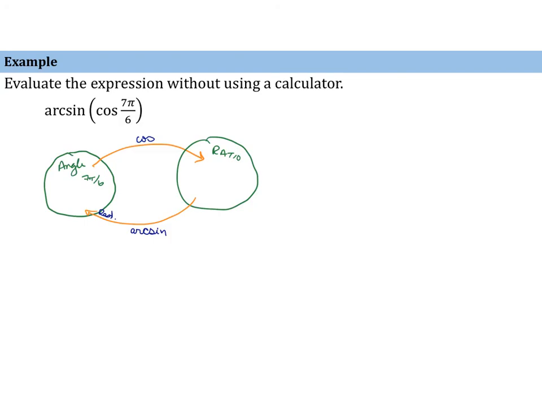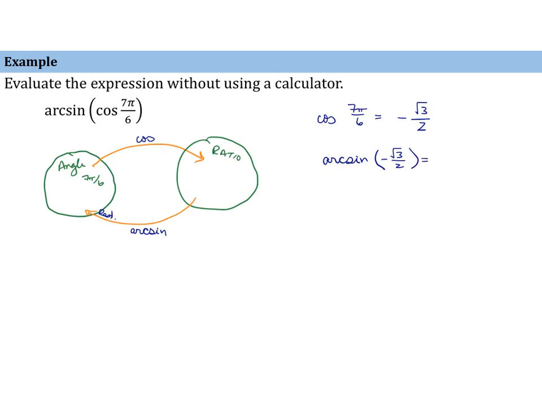So let's go ahead and look at cosine of 7 pi over 6. Cosine of 7 pi over 6 is negative root 3 over 2. Right? The cosine of pi over 6 is root 3 over 2. 7 pi over 6 is in the third quadrant. So cosine is negative in the third quadrant. So now we're looking at arc sine of negative root 3 over 2.